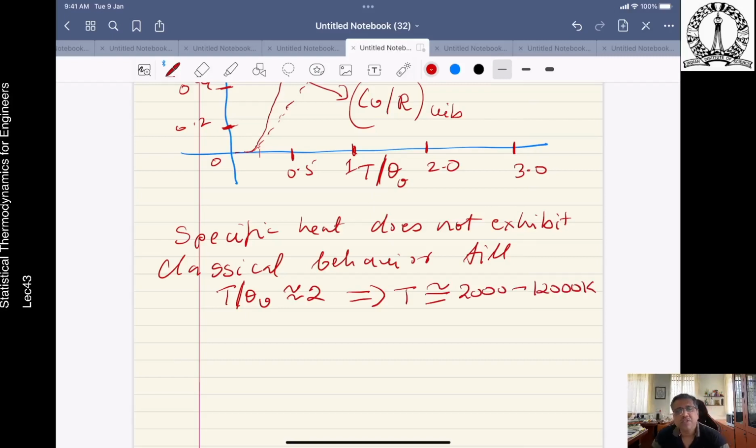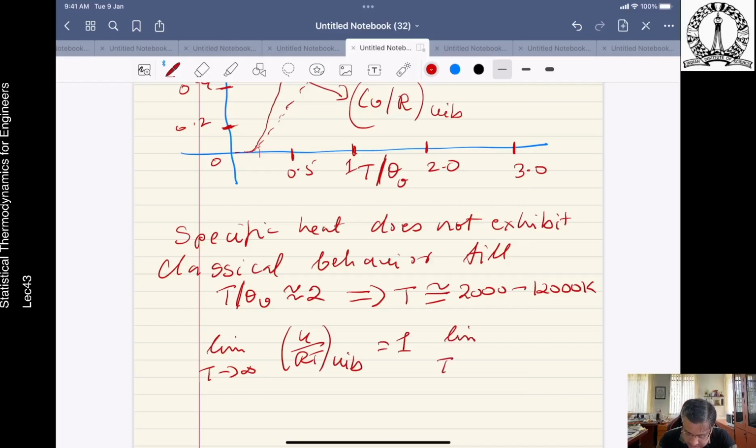In other words, smooth, full excitation of the vibrational mode to replicate the classical results will be in the limit T approaches infinity, where U by RT vibrational is equal to 1, and CV by R vibrational is equal to 1.